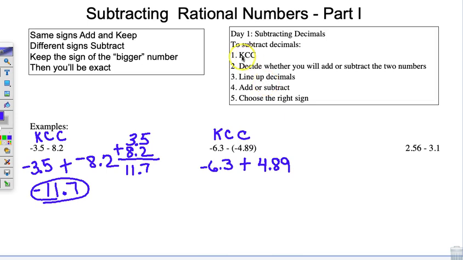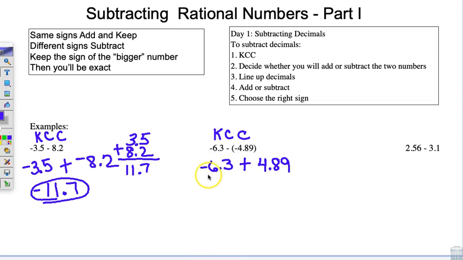Now looking back, we already utilized KCC. We have to decide whether we're going to add or subtract the numbers because if you look at this, the signs are actually different. Just like the poem says up here, if we have different signs, we need to subtract the two numbers. So in order to do that, I need to choose the number that has the larger absolute value, and that would be this one.